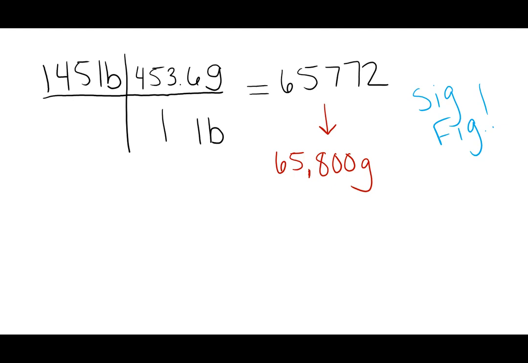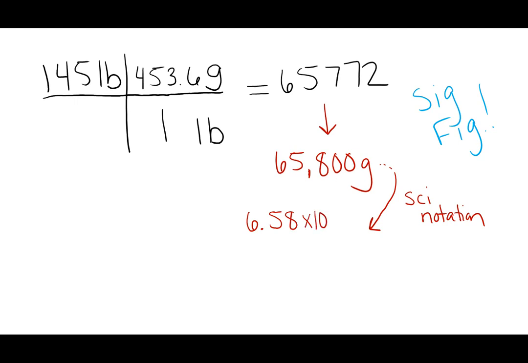So I'm going to take this number and I'm going to put it into scientific notation. So I'm going to move the decimal over until I get a number between 1 and 10. So 6.58. And then I'm going to tell the viewer how many places I moved it.